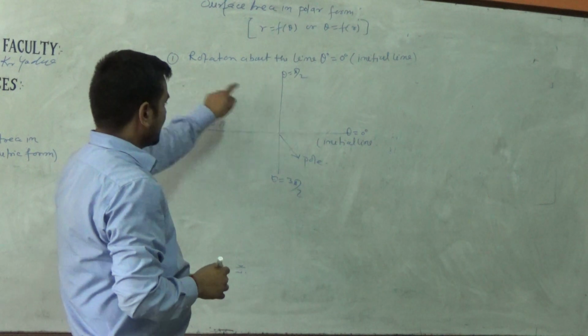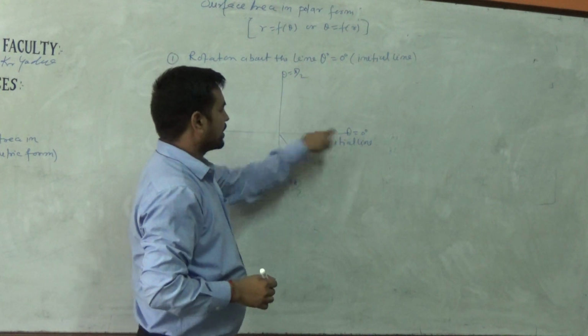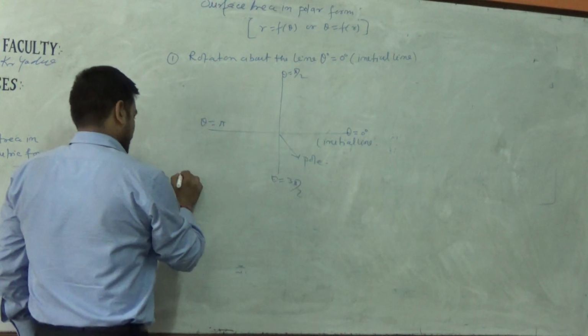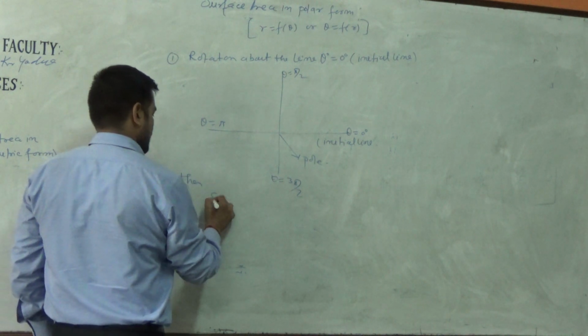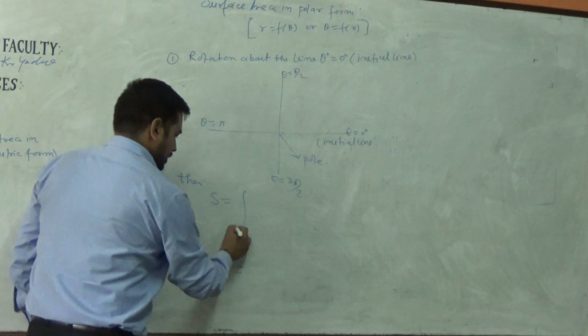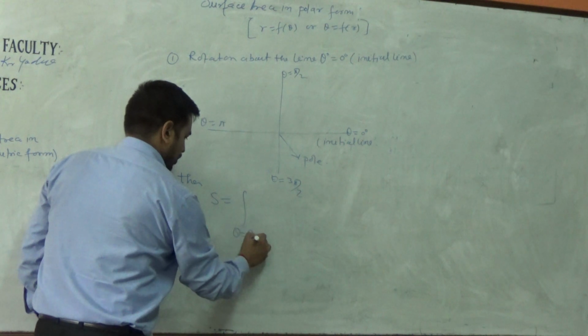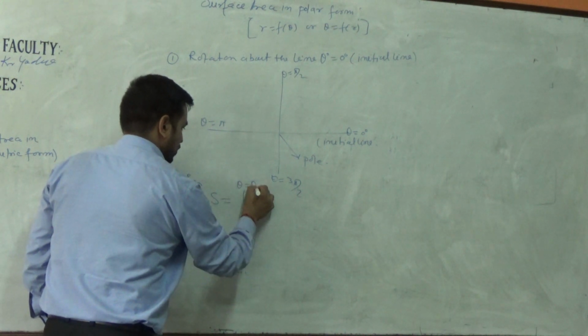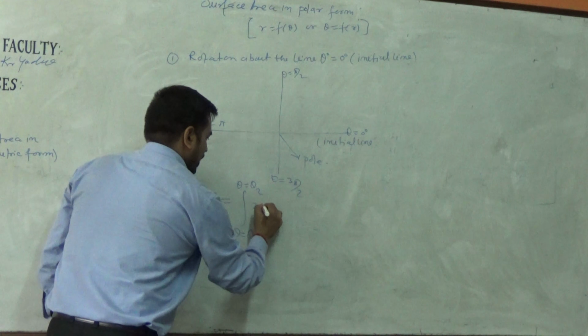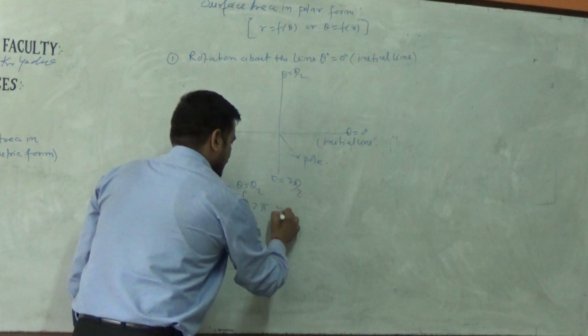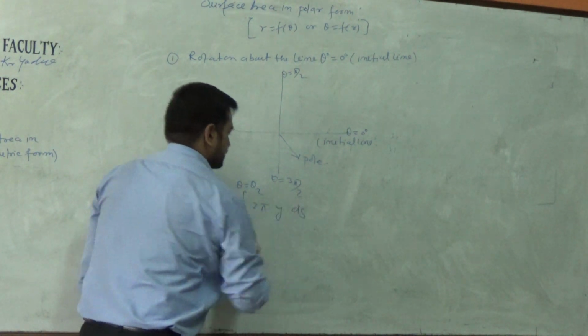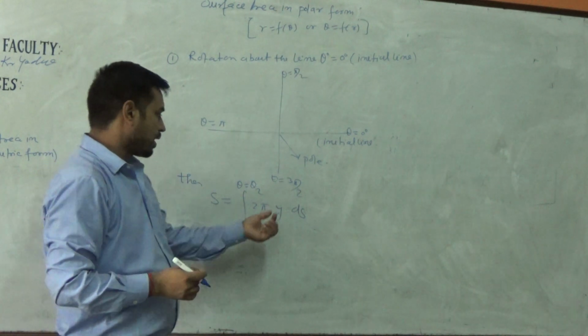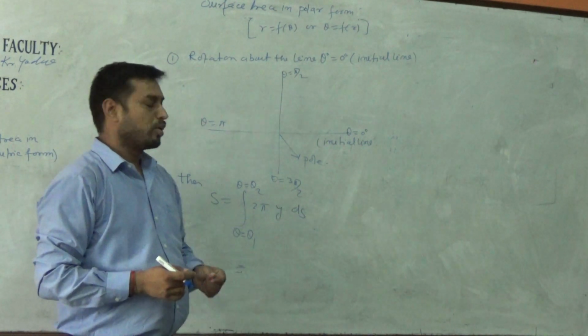Now we first take the rotation about the line theta equal to 0 degrees. Then the surface area is the integral from theta1 to theta2 of 2 pi y ds. Now again we change ds in terms of theta.